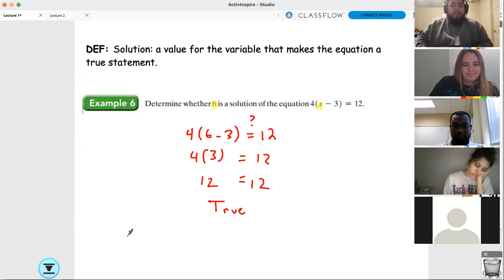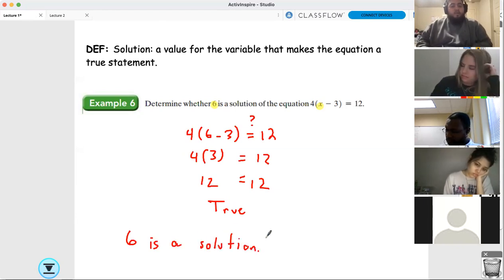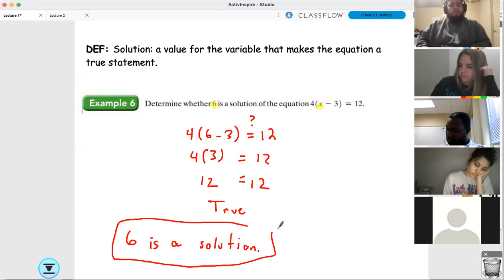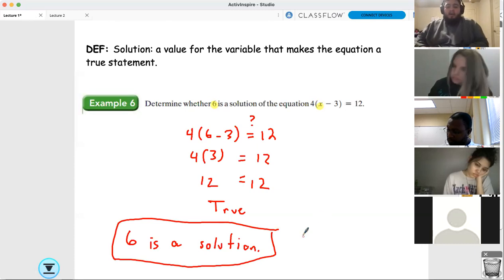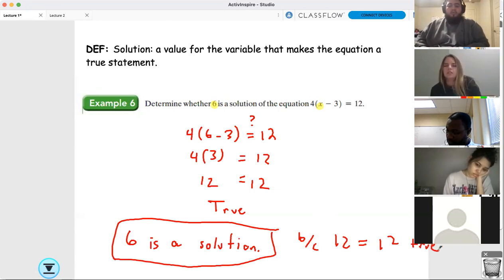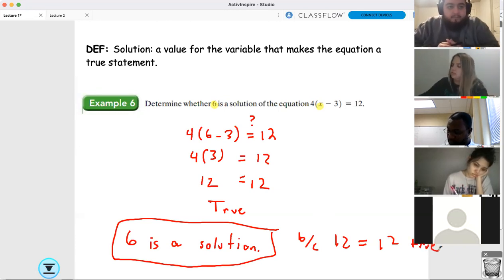It is. So we're going to write 6 is a solution, and then box your sentence. If they ask you why, say because when we plugged it in, 12 equals 12 is true. That's why. It gave us a true statement.